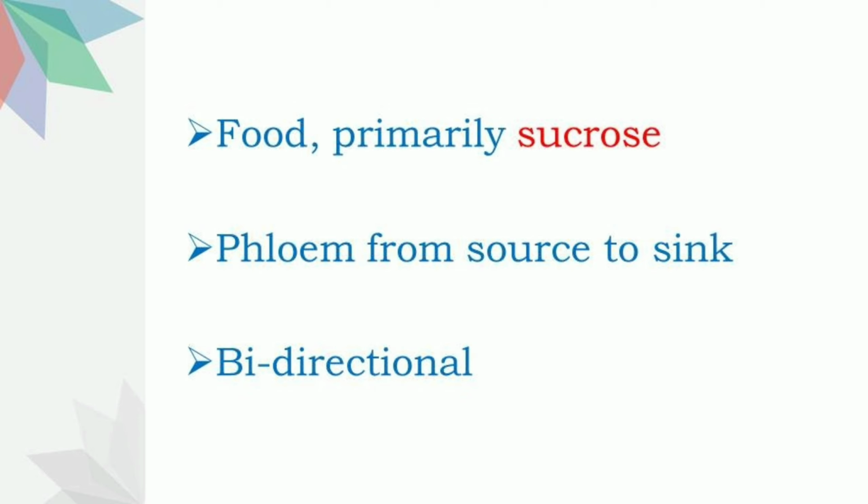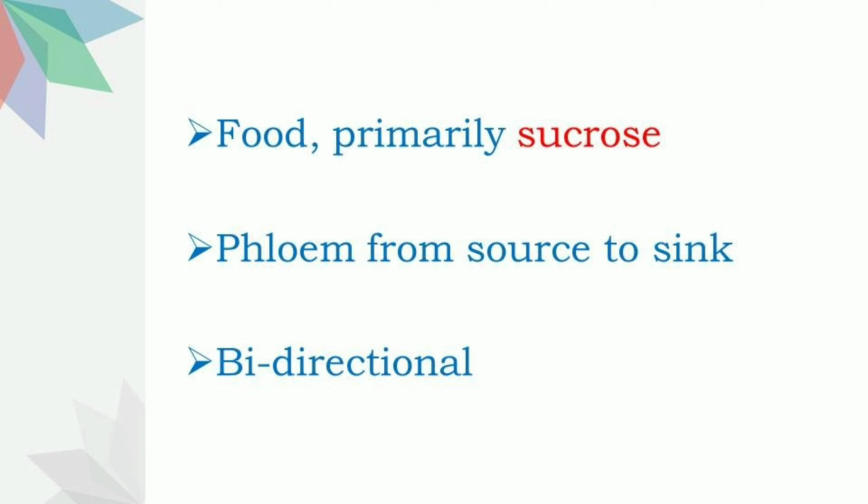Sometimes the sugars stored in the roots may be mobilized to become a source in the early spring when the buds of trees act as a sink. See, sometimes the leaf acts as a source and sometimes it doesn't, whereas the root acts as a source. So the direction may be changed.